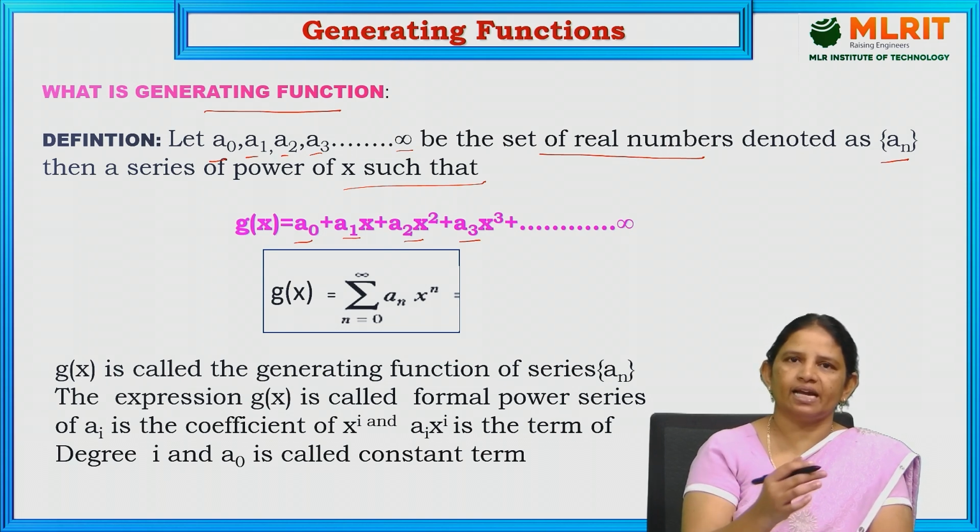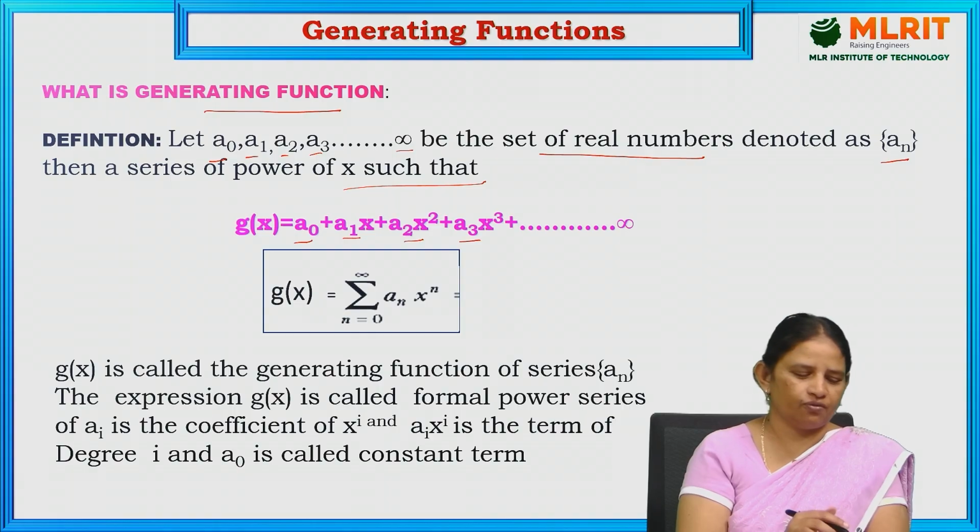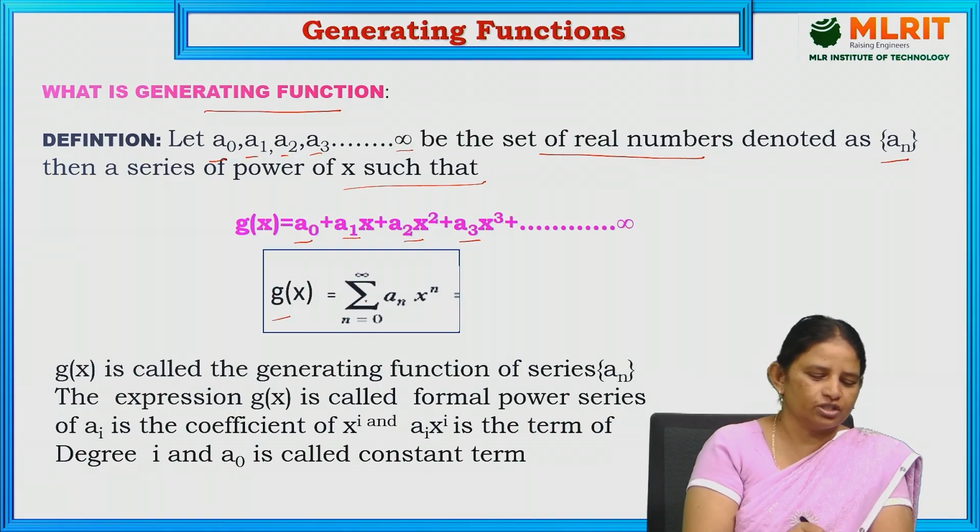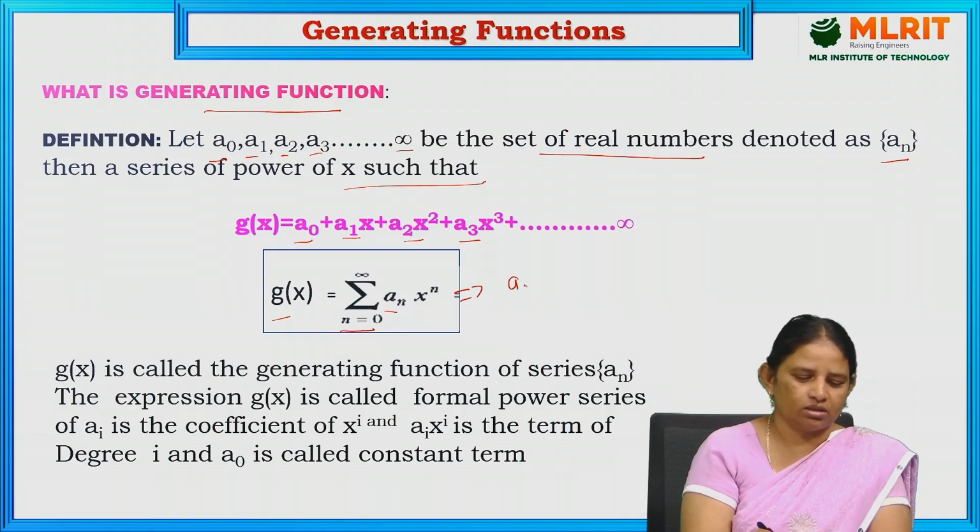When we write it in summarized form, g(x) = sigma n equal to 0 to infinity a_n x^n. Suppose n equals 0: a0 x^0, and x to the power of 0 is 1, so that is a0, the first term.